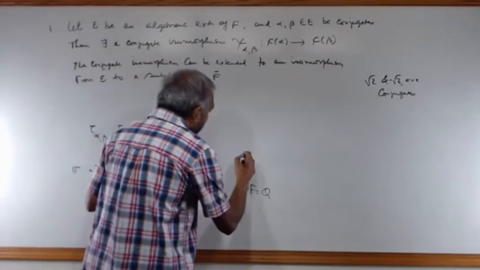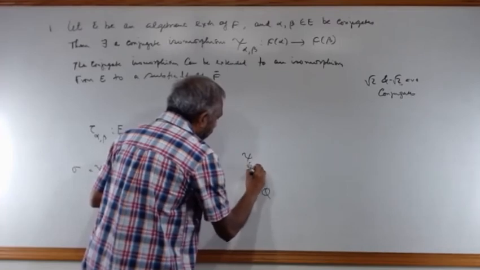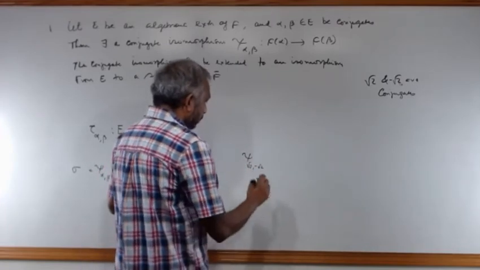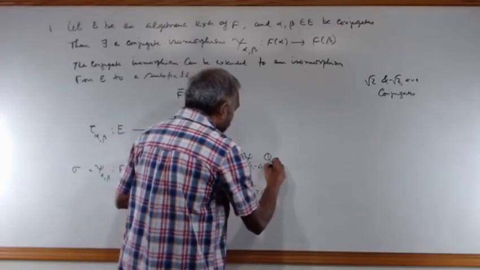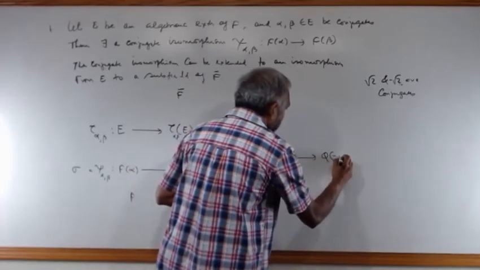So there is a conjugate isomorphism psi root 2 comma minus root 2, that is from Q of root 2 to Q of minus root 2.